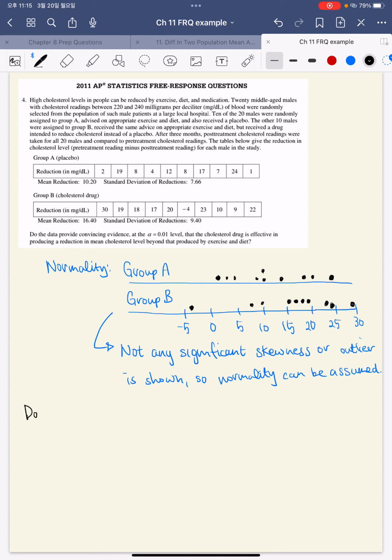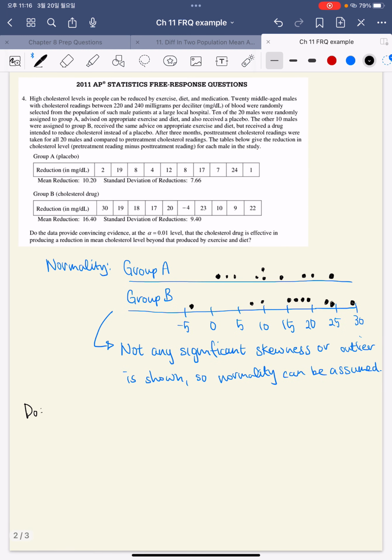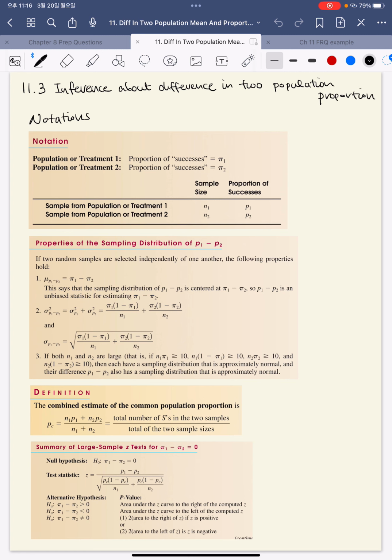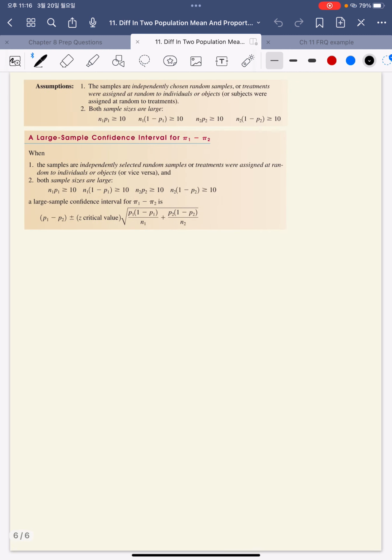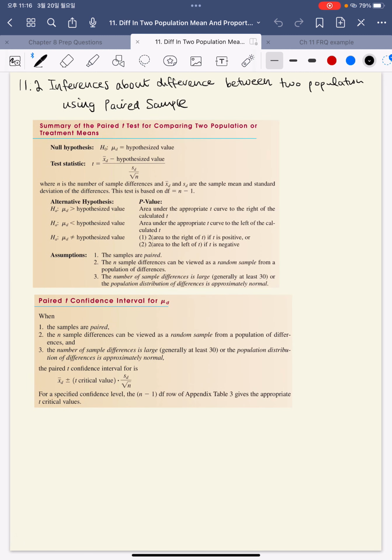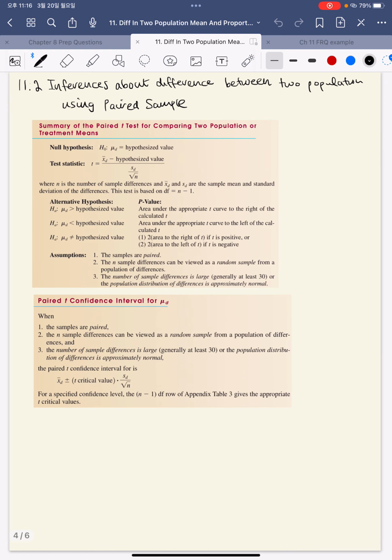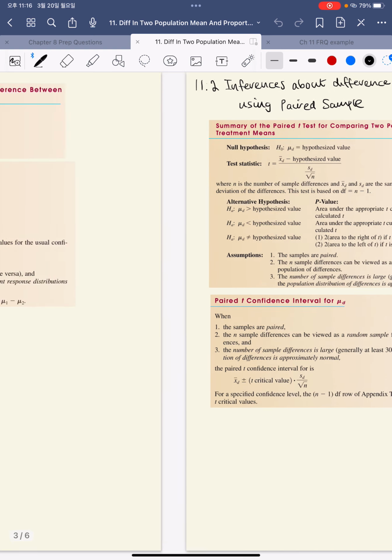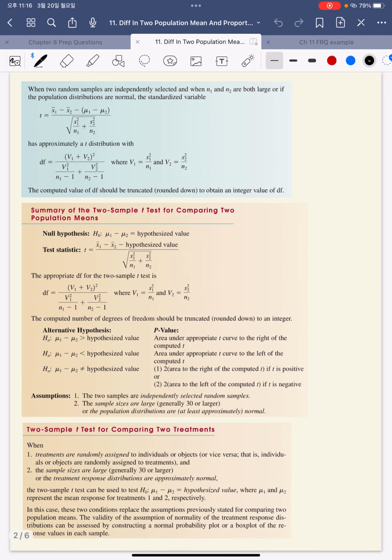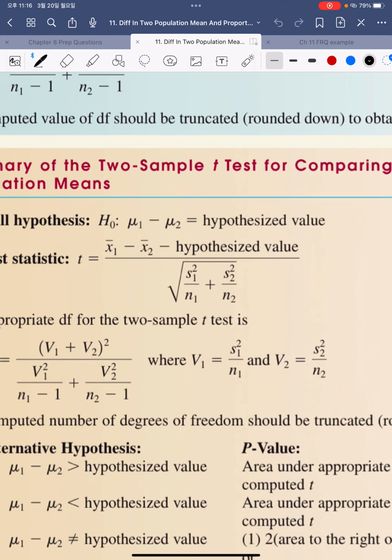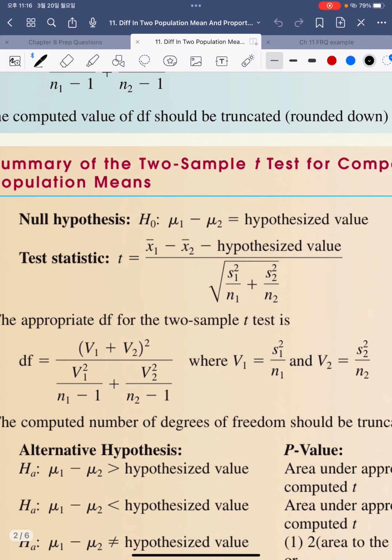And now we have to actually conduct our test. So the equation for the two sample t-test is right here. This one.